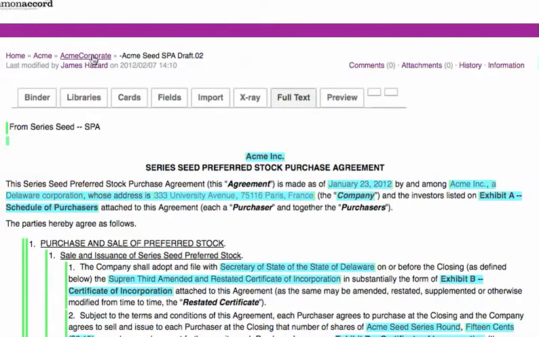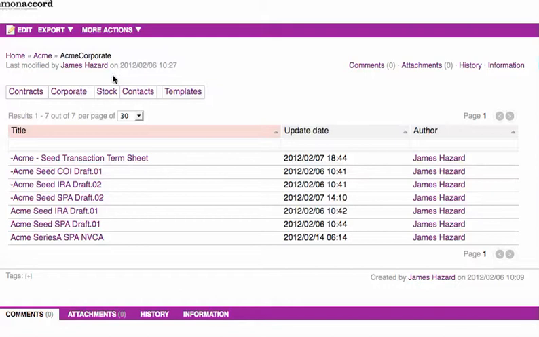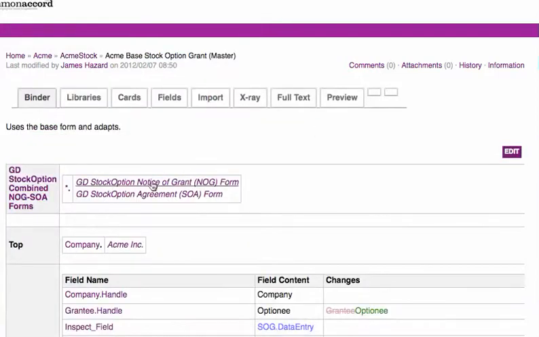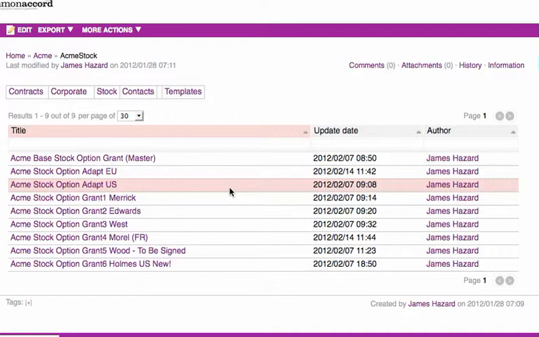Now he's got an issue regarding the stock issuance. And so he sees that indeed Acme has their modifications to what is a master form of notice of grant and stock option agreement.